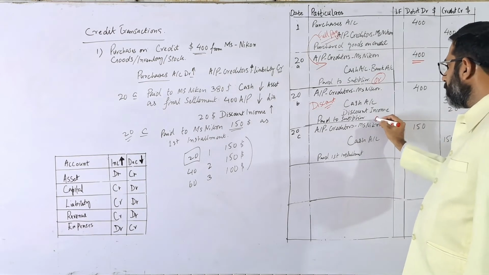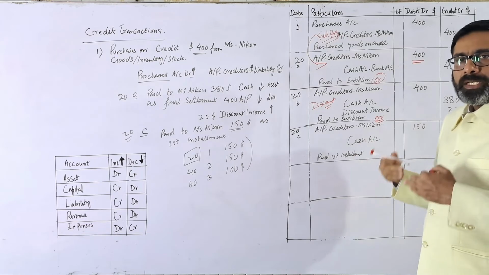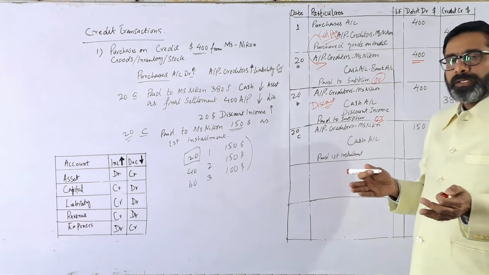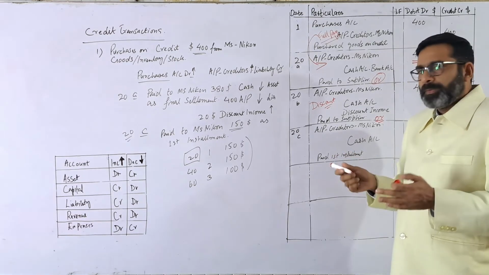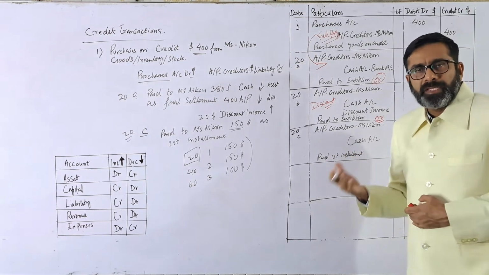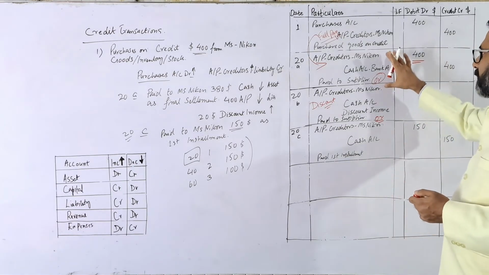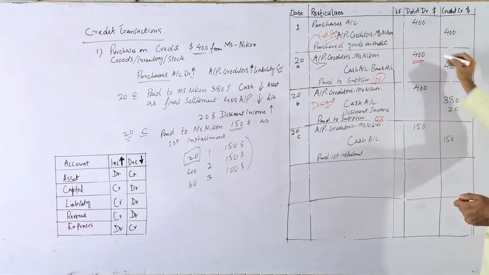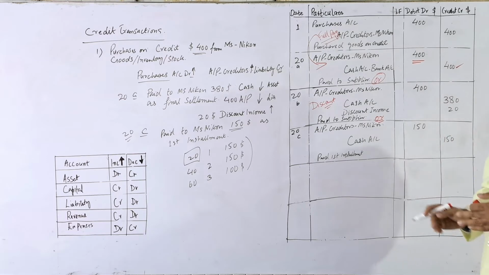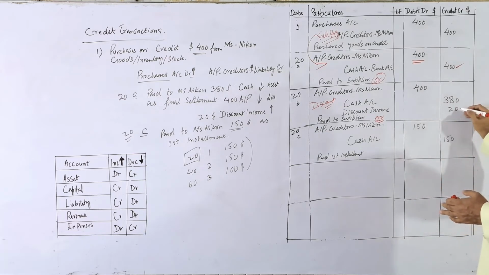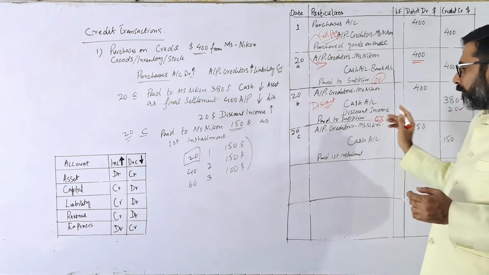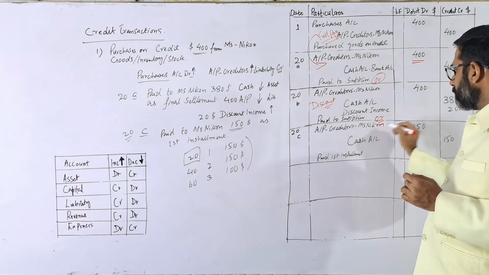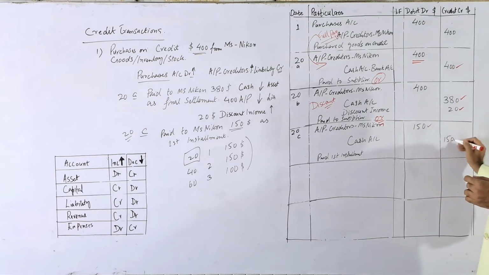Or there is a possibility that you are paying the amount in installments, like first installment, second installment, third installment, or there may be only two installments depending on the agreement with the supplier. So the first option, you are paying 100% of the amount, that is $400. The second option, you are getting a cash discount of $20, so you are paying only $380. And the third option, you are paying only the first installment to the supplier, only $150.